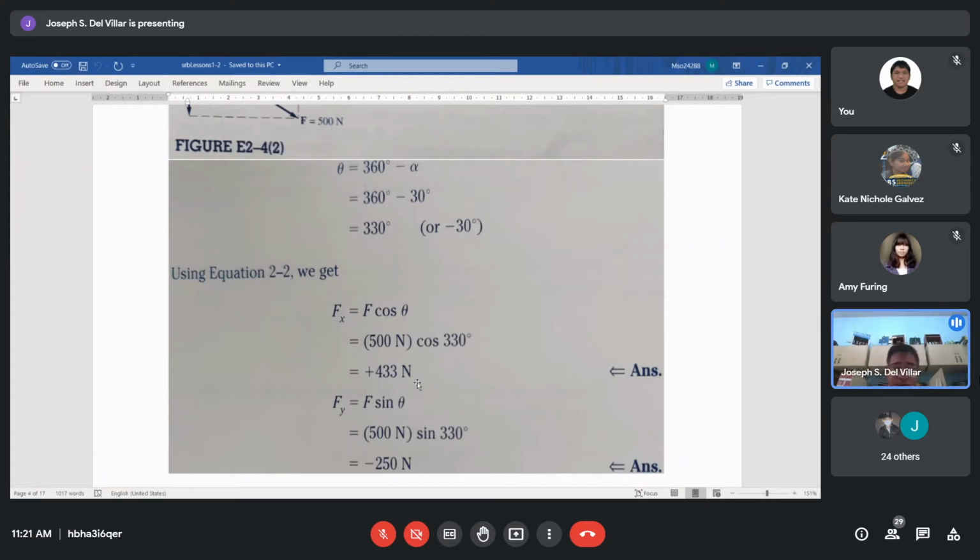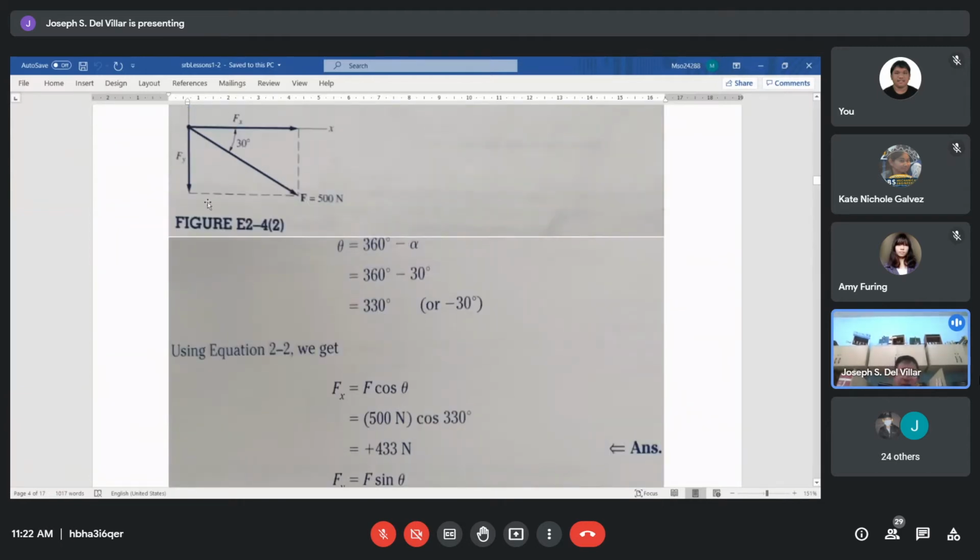So 1/2 of 500, we have negative 250 newtons. Why negative? Because in the fourth quadrant, the y component is negative. As you can see, the y component is directed vertically downward. So yun yung negative sign.